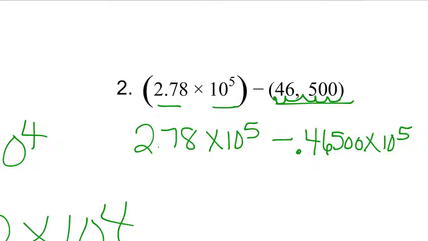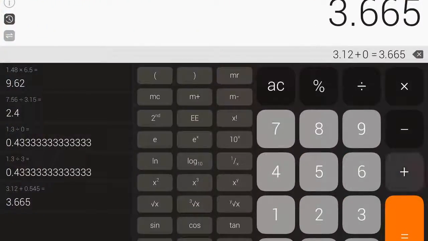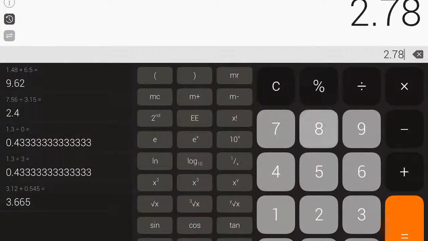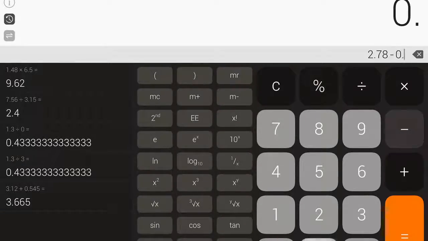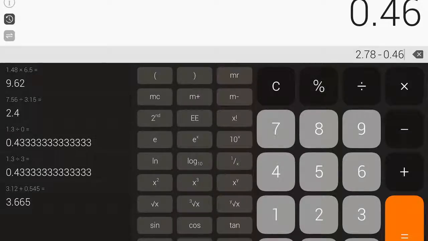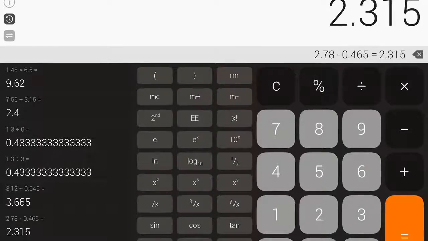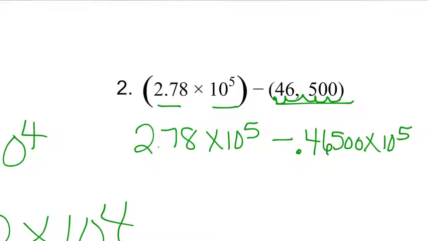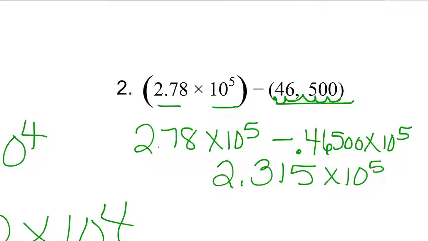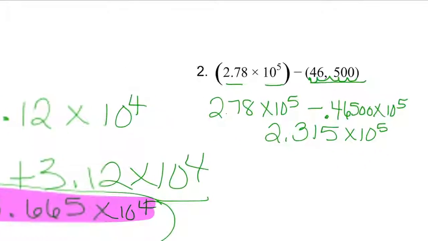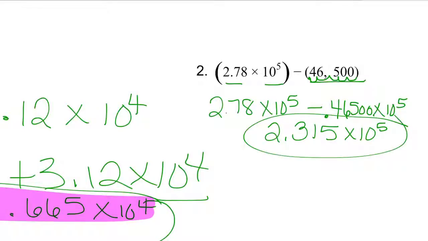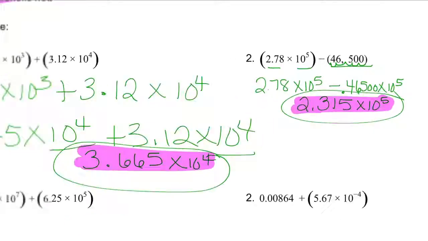So let's take our calculator. 2.78 minus 0.465, and that gives us 2.315. So we would get 2.315 times 10 to the fifth. Good job.